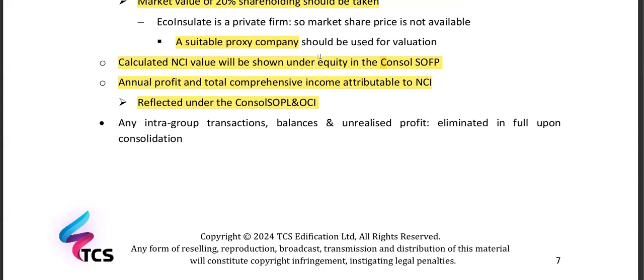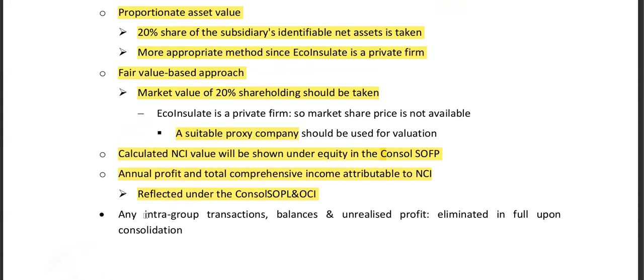And remember, if there are any intra-group transactions, if any transactions happen between the parent and the subsidiary, that is Shinyglas and Eco-Insulate, in case you transfer materials or resources, and if there are any balances outstanding with regard to the payments or receipts, and if there is any unrealized profit on the inventory, it will have to be eliminated in full upon consolidation.